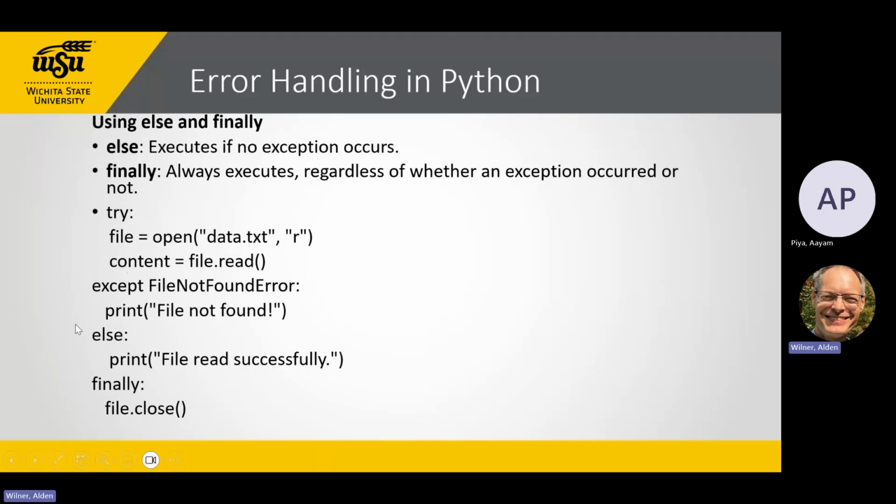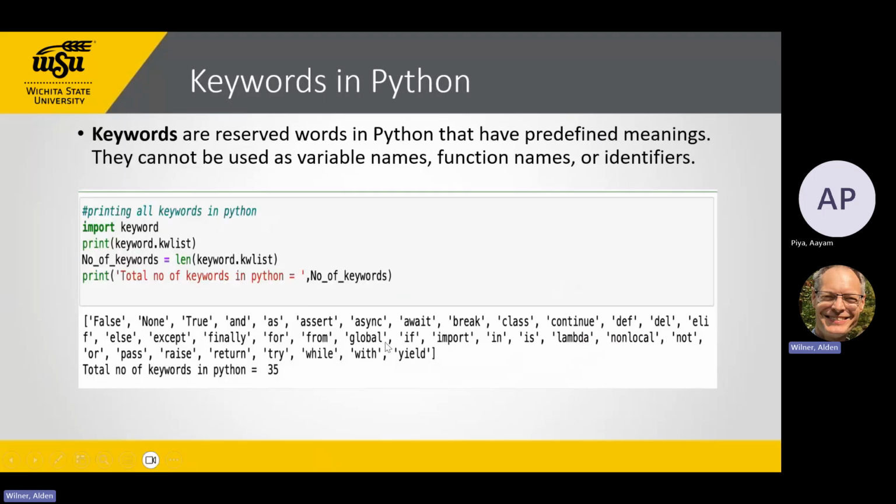We'll see some of these clauses in other program flow statements, right? But first, we're going to look at keywords. There are reserved words in Python that have predefined meanings, right? Try and except and finally and else.